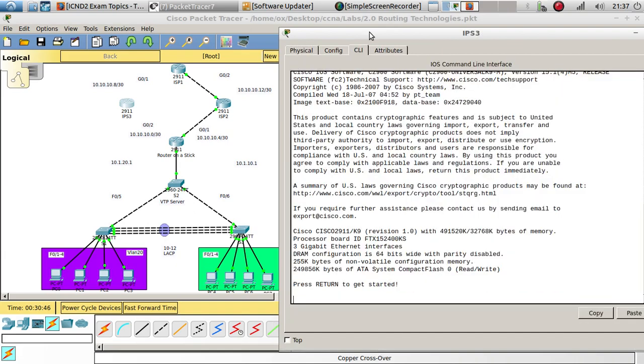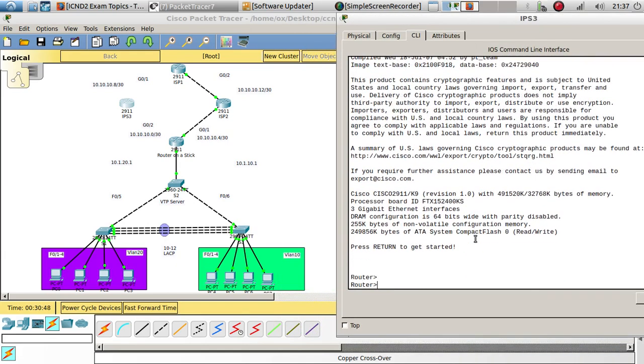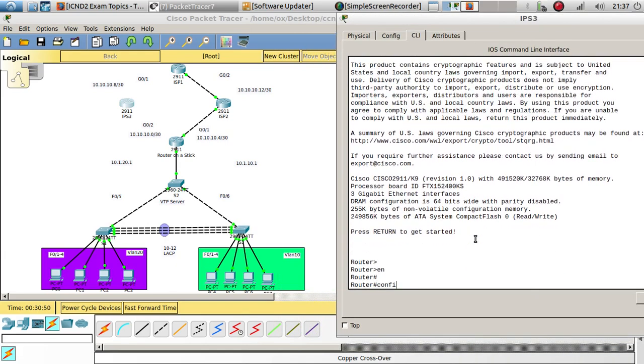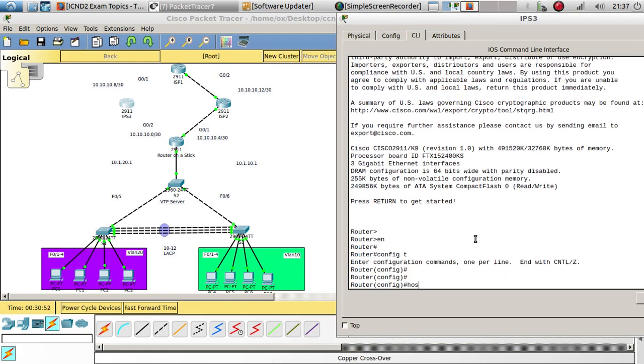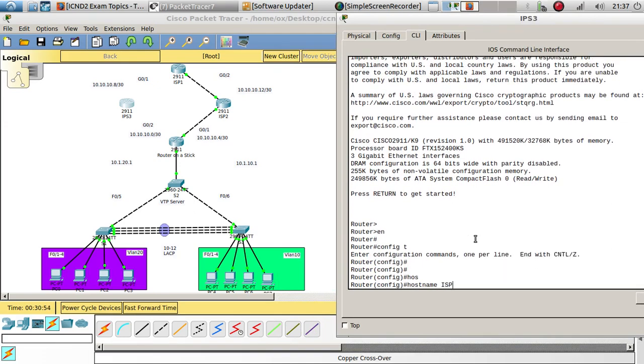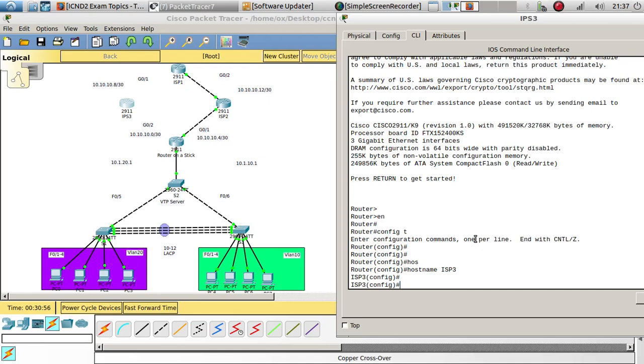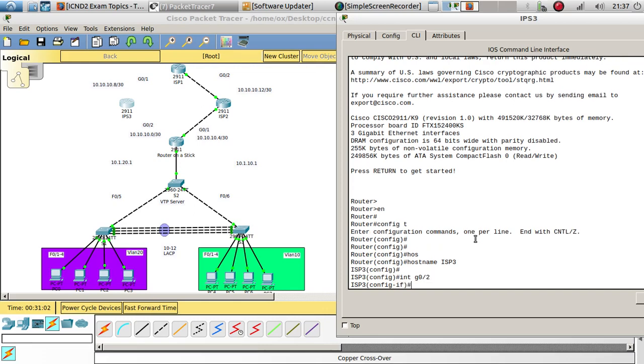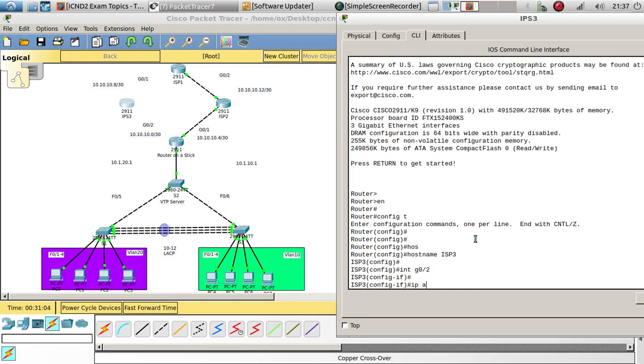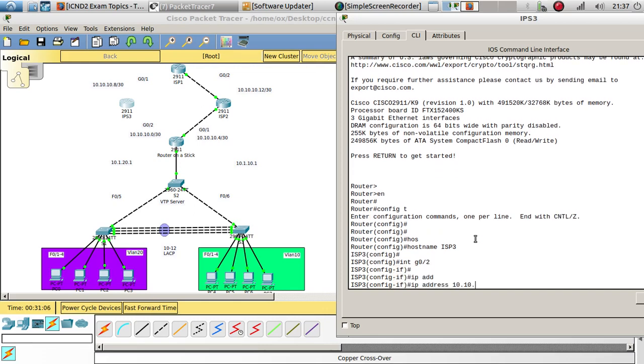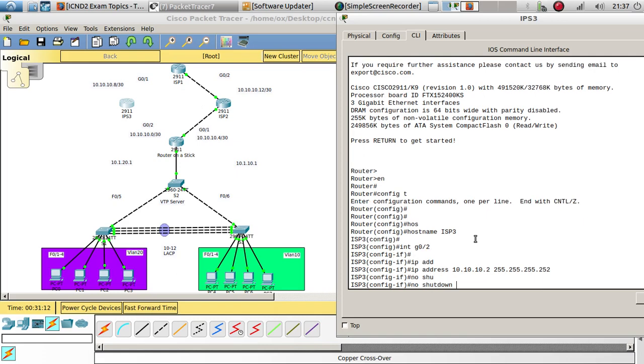And from ISP3, I'm going to configure the 2 interfaces. Give it a host name first, ISP3. All right, so from here I can go interface gigabit 0/2, which is the first one that we need to do. IP address 10.10.10.2.252. Let's no shut down.